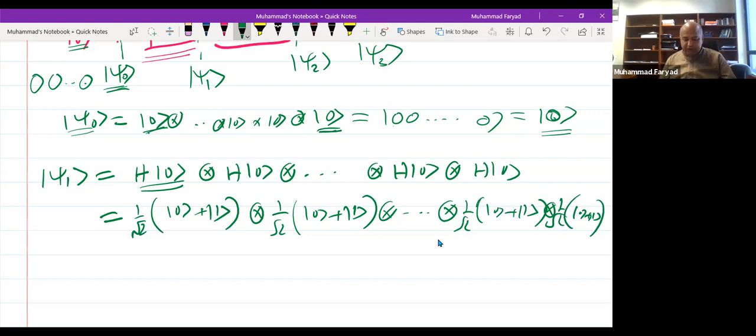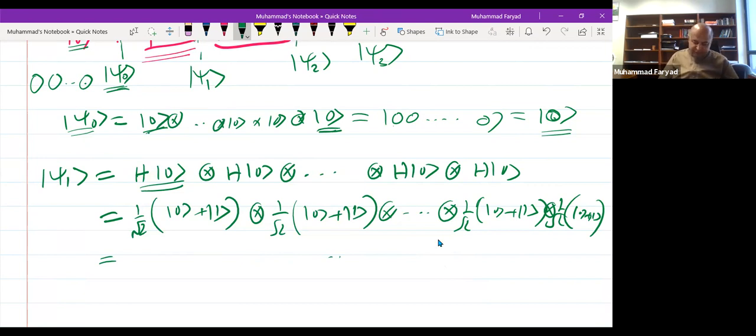So all the qubits have gone to this superposition state, which if you like, you can represent like this, plus, plus, all the way to plus. Anyway, we don't have to write it like this. Okay, so now let's see how we can simplify it.